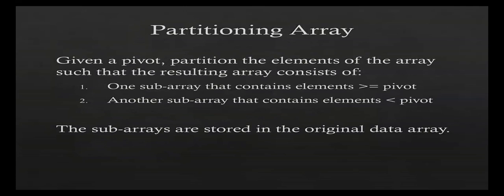Now, the second step is to make a partition, right? So given a pivot, we will partition the elements of this array in such a way that the elements of the first sub-array, that means the left side of the pivot element, must be smaller than or equal to the pivot element, and the elements on the right side of this pivot element must be greater than the pivot element, right?